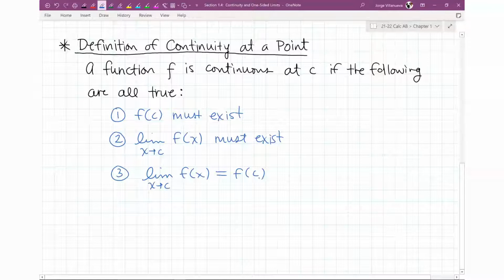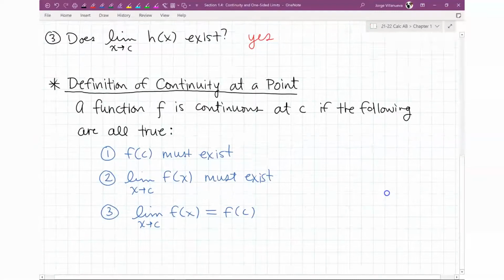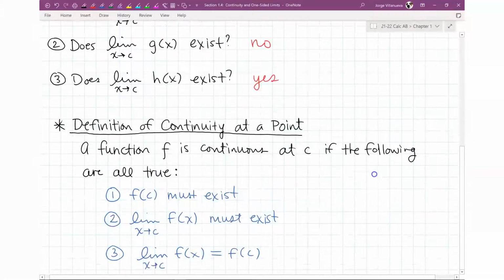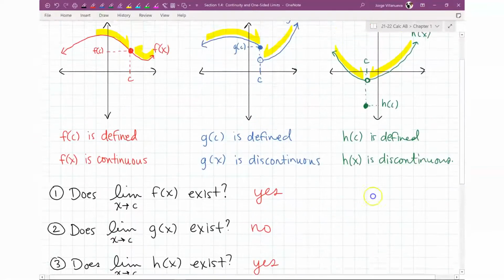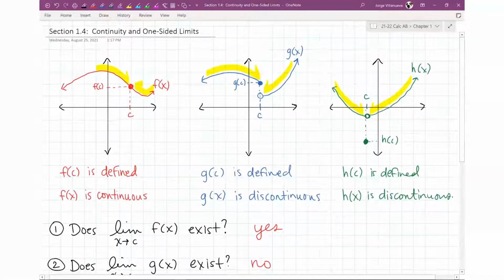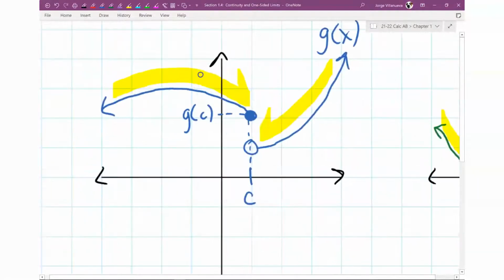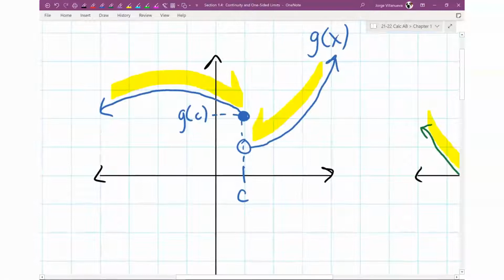So just to show you an example of this, let's go up to g of x. Okay? So does g of c exist? Yes, right? Does the limit exist at c? We said no, right? So this is not continuous at c because part 2 failed.